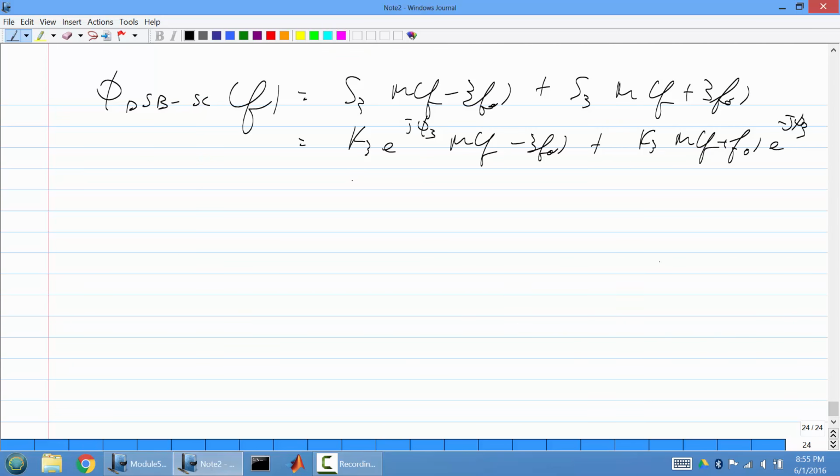If you use Fourier transform properties, we have the time shifting, so if you just go backwards, this becomes 2K3 cosine of 2 pi 3 f naught t, phase shifted by phi 3. We're going backwards here.